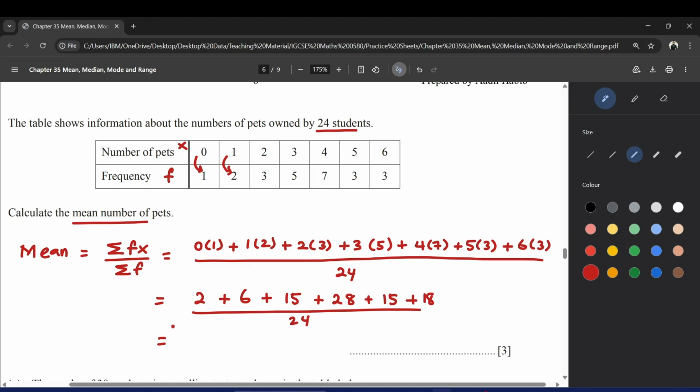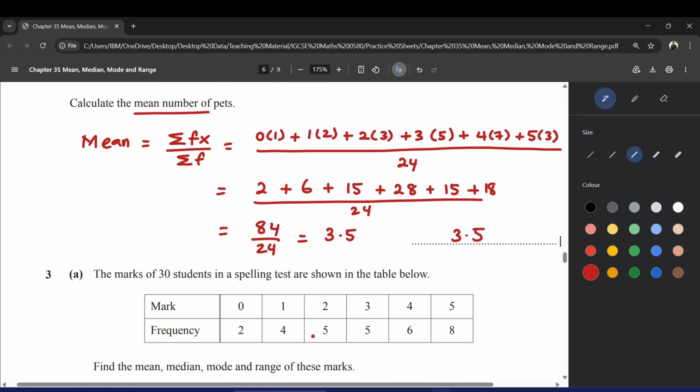So 2 plus 6 is 8. Then we have plus 15 plus 28 plus 15 plus 18 divided by 24. Sorry, first let me work this one out. So this is 84 and then divide by 24. Okay, so that gives us 3.5. So this is my mean.